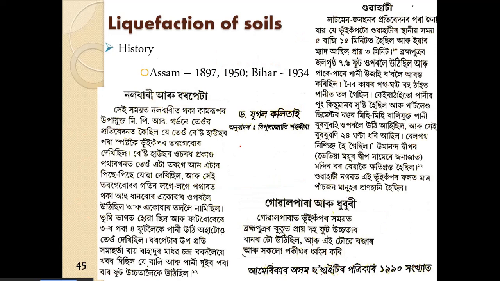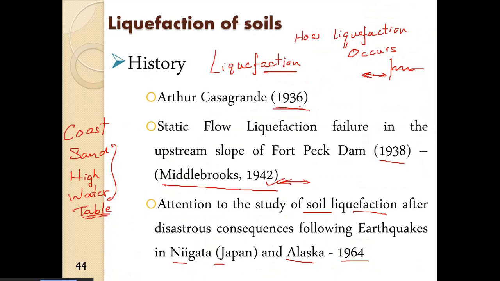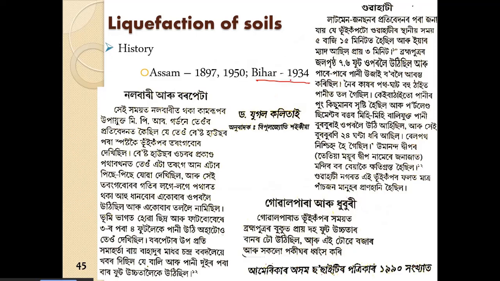Now Assam has its share of liquefaction, and Bihar in 1934 as well. So you can see, before Arthur Casagrande published his research work on liquefaction, liquefactions were already observed in the earthquake in Bihar. Of course, at that time it was not known as liquefaction, and we will see how.